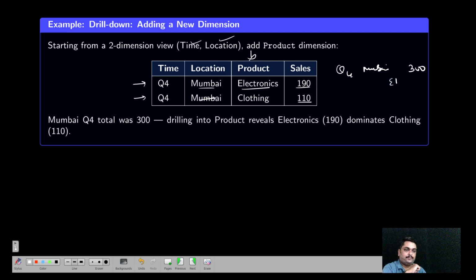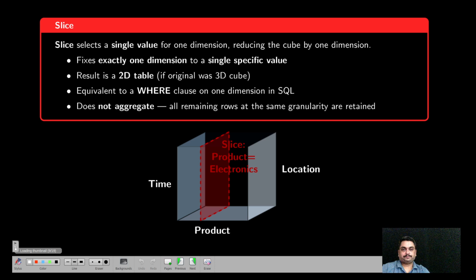Electronics I got 190, and clothing 110 lakh sales. This is the drill down by adding a new dimension. So I got finer details here. 300 was okay, I got an overview, but electronics 190 and clothing 110 I got only after drilling down. That is the concept of drill down.